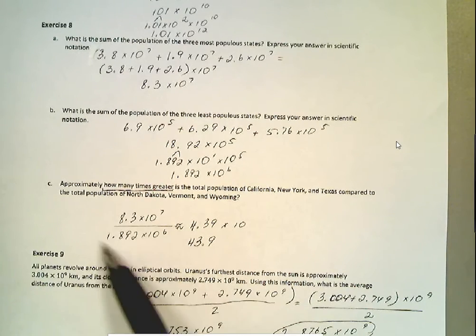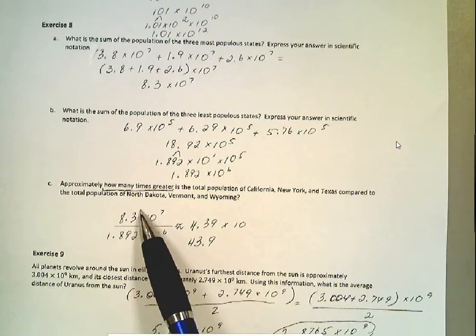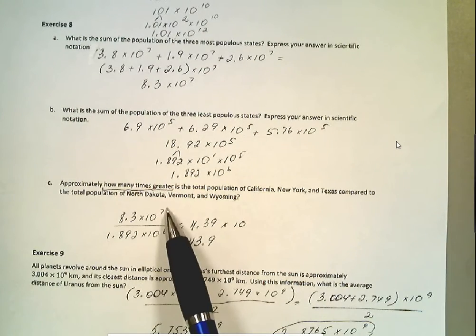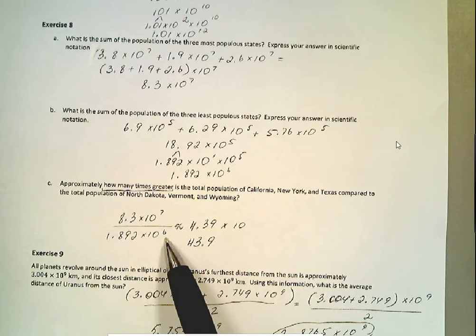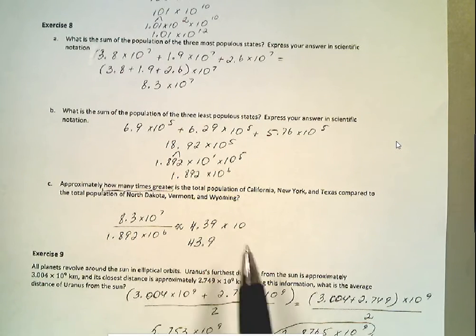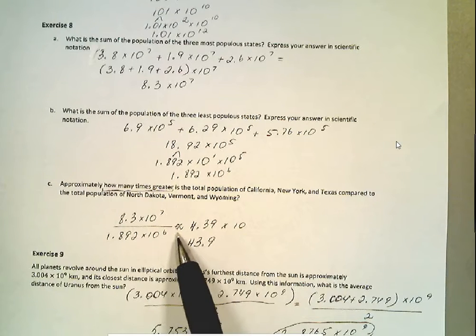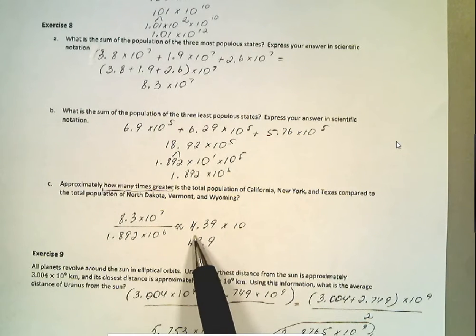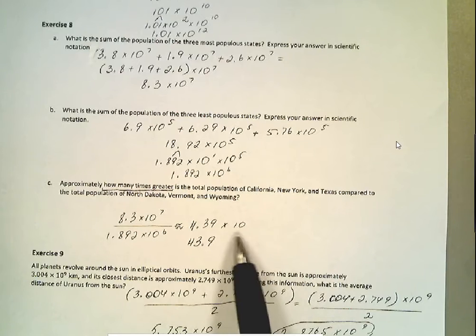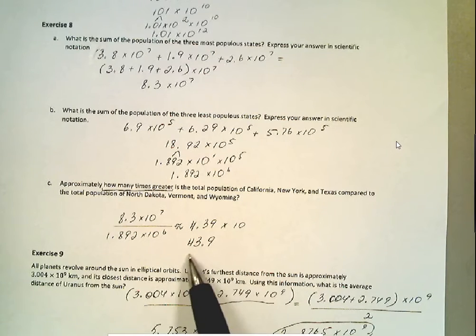We are dividing these two numbers because this is a division problem, and we subtract powers of 10 according to the quotient rule for exponents. And we get approximately, this squiggly line means approximately, 4.39 times 10 to the first power. And since it's only times 10, I can just make it standard form, which is 43.9.